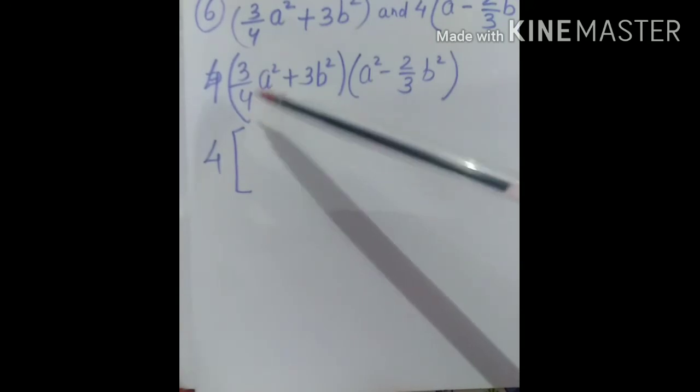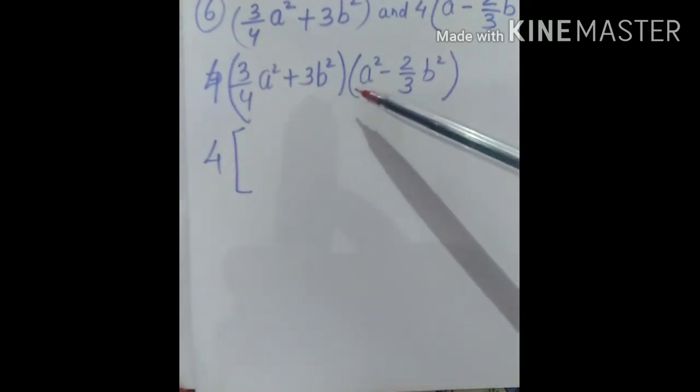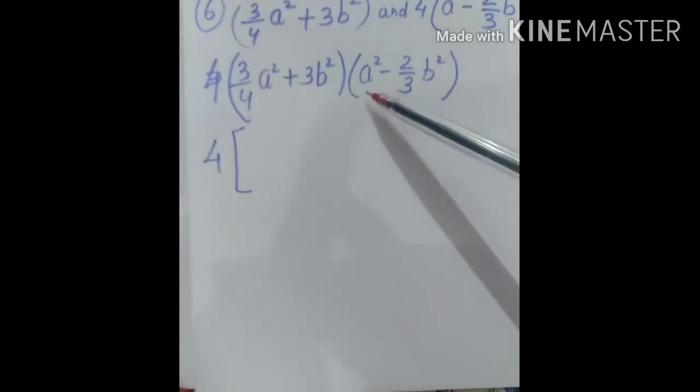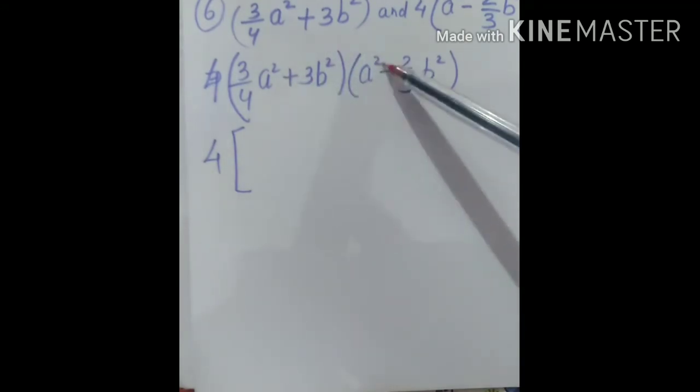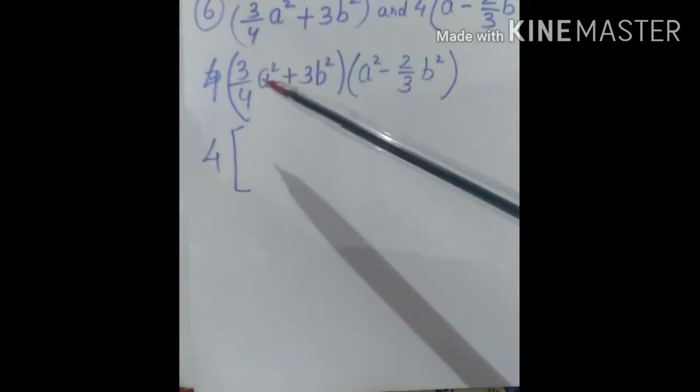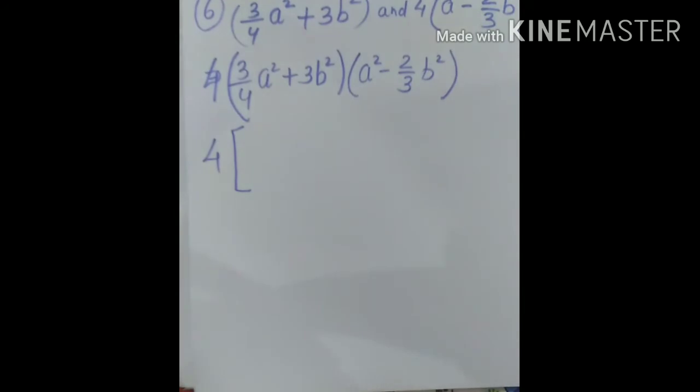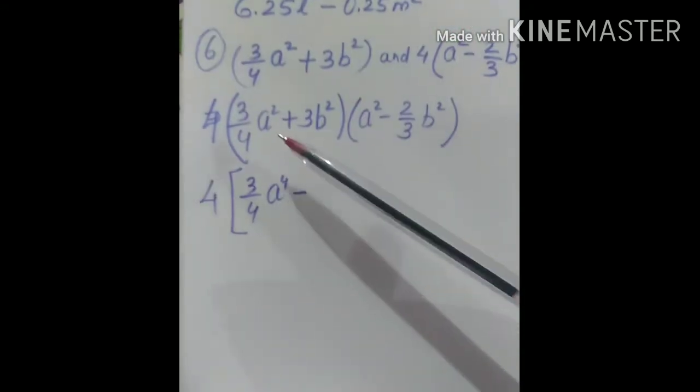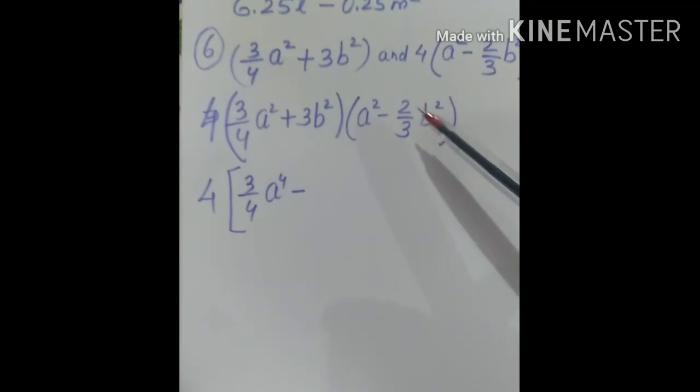Now this 3 upon 4a square into a square. A square into a square is a to the power 4, since 2 plus 2, the powers get added. So 3 upon 4 a to the power 4 minus, now this 3 upon 4a square into minus of 2 upon 3b square.